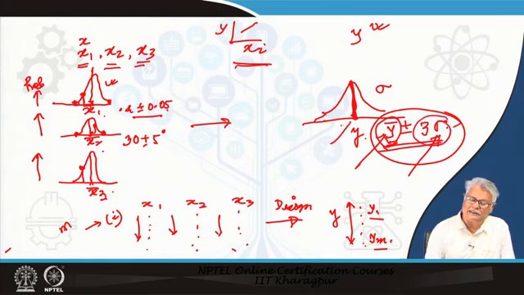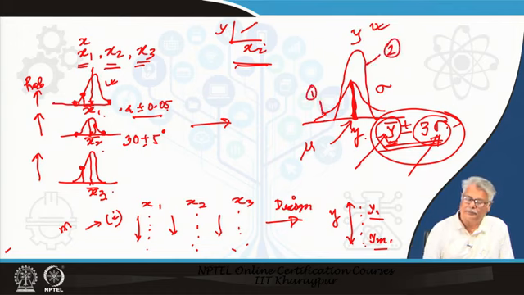I just generalize it a bit. I call this value mu, which stands for the average, and suppose I have two cases of design which I am comparing. One gives me a sharper value. The first one is number 1 design, this one is number 2 design.